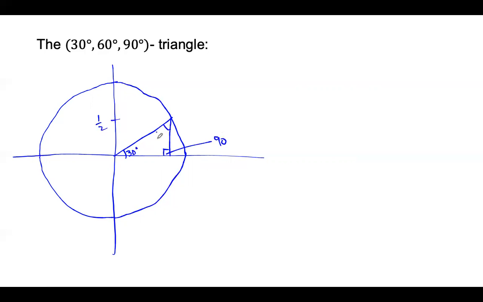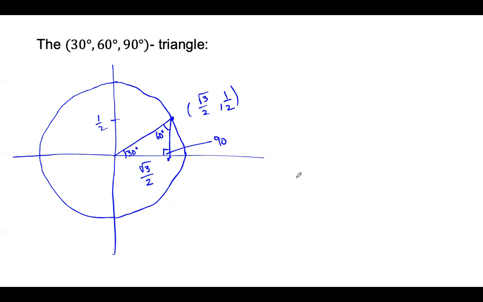So this would be 60, because the whole interior of the triangle has to be 180. Now, when this happens, this is half this distance. Now we could solve and find out that this point is square root of 3 divided by 2, and a half for our y point.